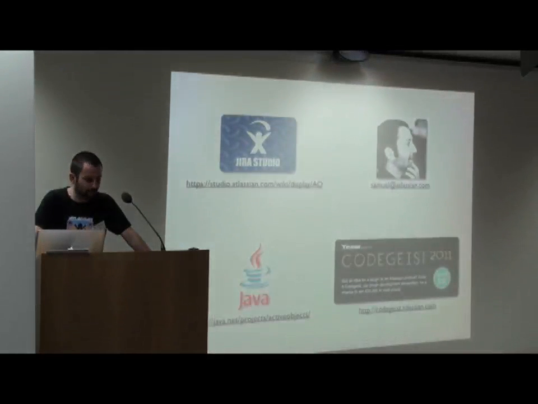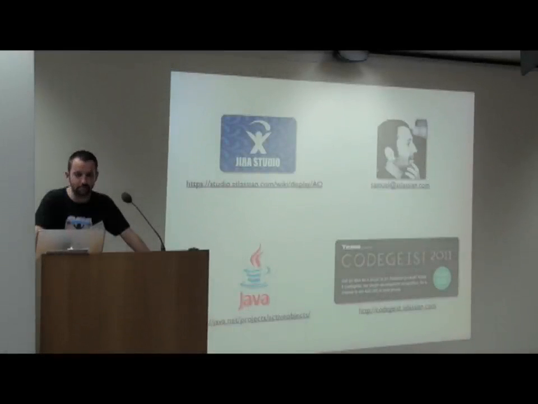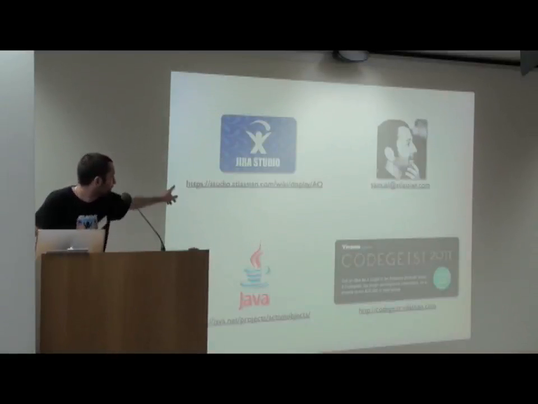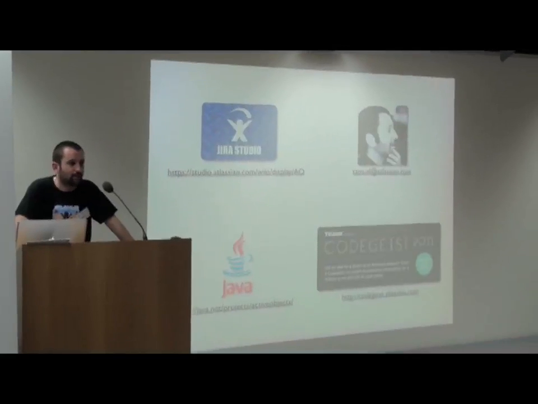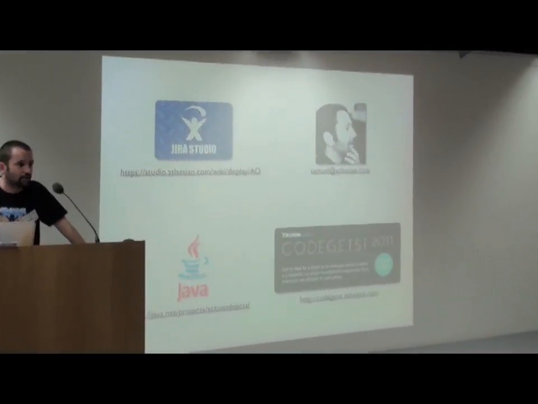So that's pretty much it for today. Just four things I want you to take away. First, have a look at Active Objects, the project. It's on Studio, so that's the URL right there at Atlassian. There's some documentation on the wiki where you can find a getting started guide and have a play.